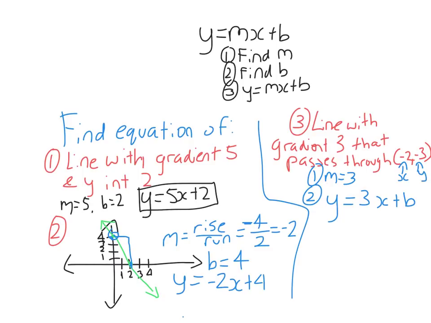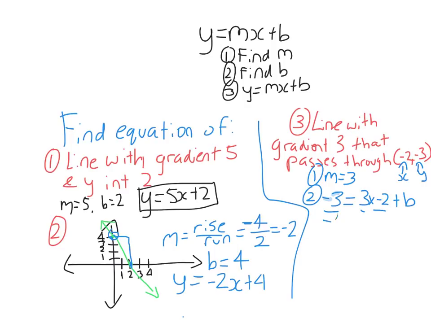So I'm going to make those substitutions. It's going to be 3 times x, and I'm going to change y to -3. So then I've got the equation -3 equals 3 times -2 plus b. Y equals mx plus b.